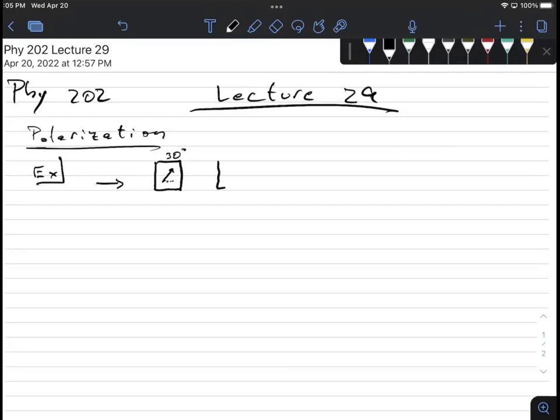Then the next one is at 45. And then horizontal again. So let's say this is our problem. We start with light polarized horizontally. And then we have a series of three polarizers. The light is going to try to make its way through, and I want to know what intensity of light will make it through the system.